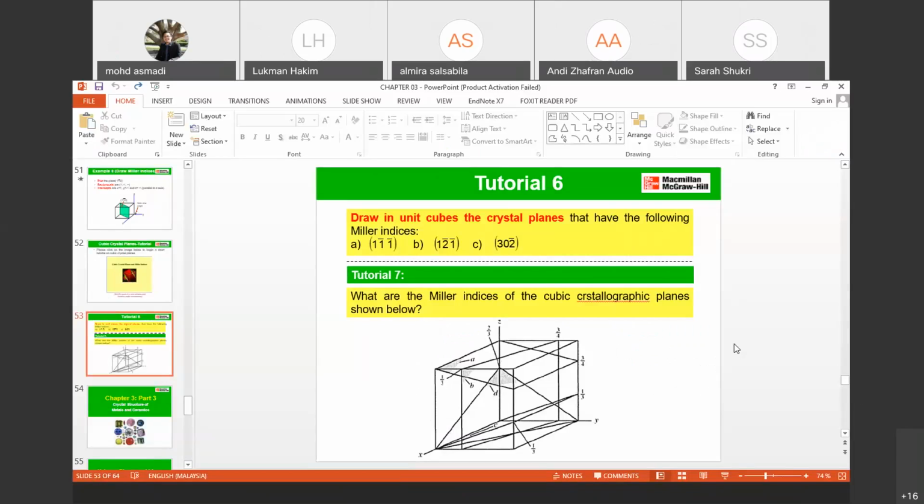Yeah, it's Zafran. It's similar, similar like Almira. That's good.